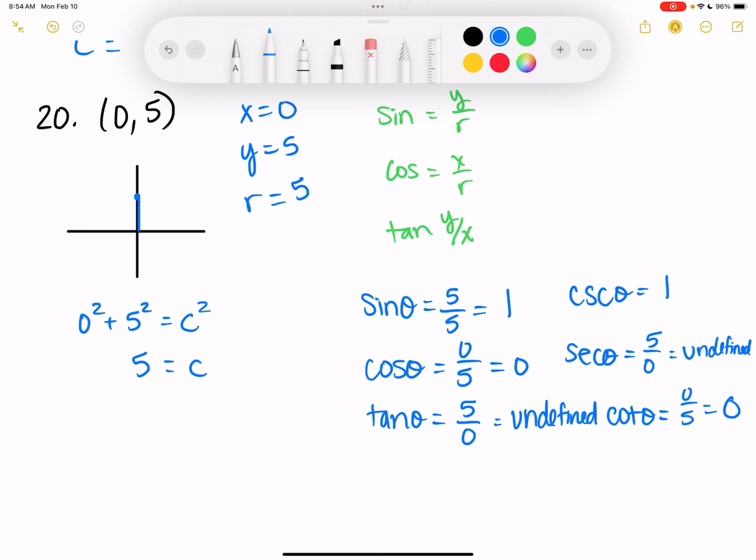So when the point occurs on an axis, your answers are always going to be 1, 0, and undefined in some combination of those things. That's how it has to happen, okay? So if you have a 0 here, the answers have to look something like this. It's going to be some combination of 1, 0, and undefined because things are going to cancel when that happens.